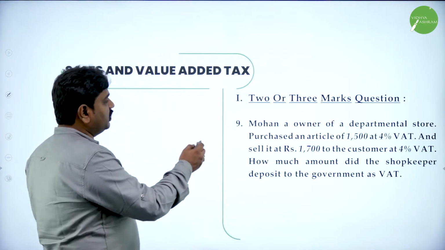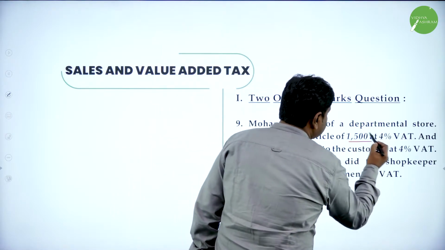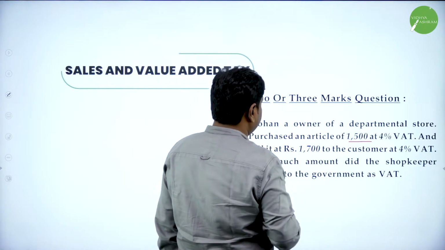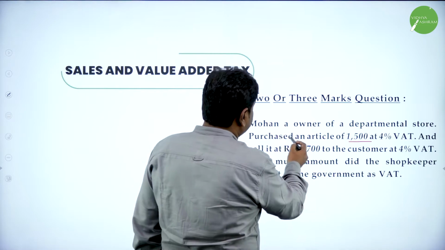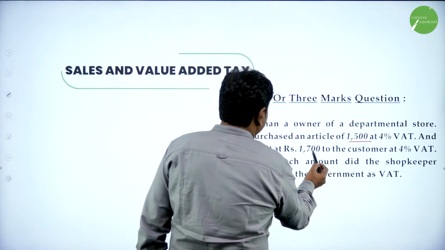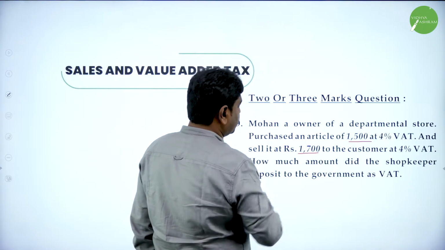Next, same, Mohan, a owner of departmental store, purchased an article for rupees 1500 at 4% VAT. So Mohan, he purchased an article for this and he sells it at the rate of 1700 to the customer, again for 4% VAT.